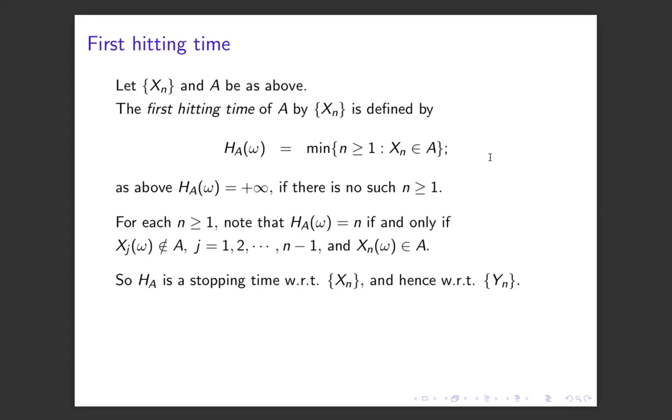So that's why instead of writing xn of omega, we write simply xn. We generally don't write H sub A of xn, we write H sub A; if you put something within brackets, it will be omega, not xn of omega. Because xn is also a function on the sample space.